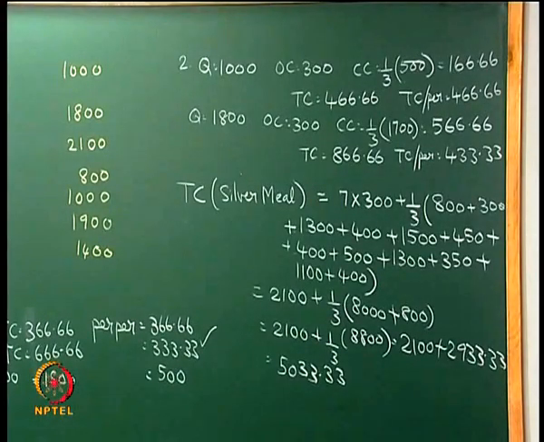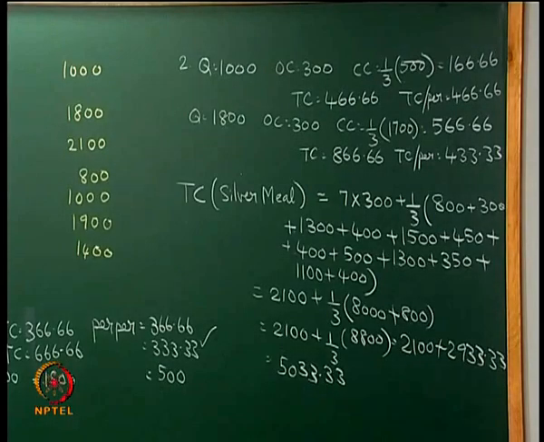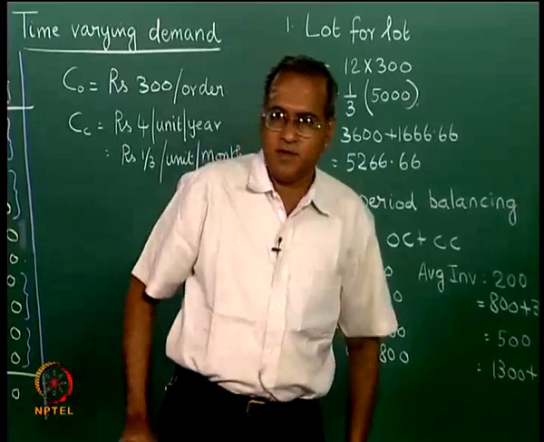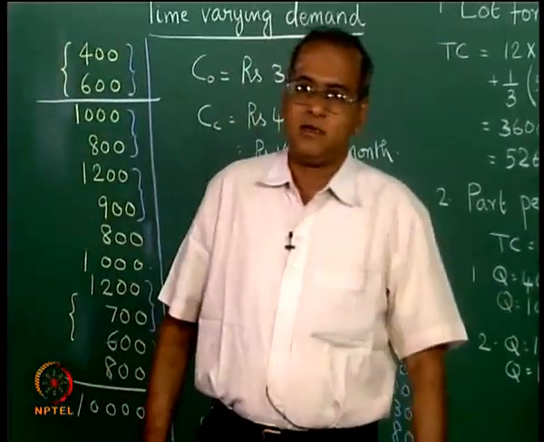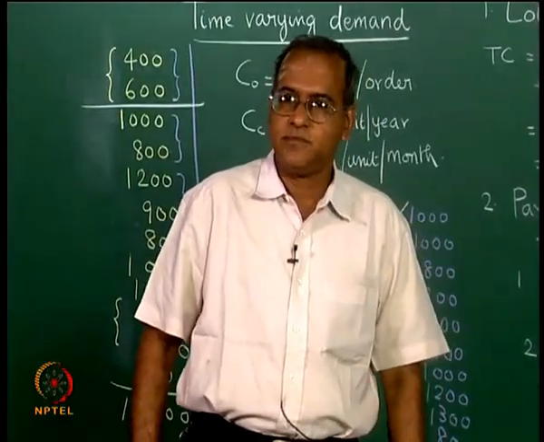For this particular example there is a slight gain when we do Silver Meal compared to when we do part period balancing. In some sense both Silver Meal and part period balancing give solutions which are very close to the optimum. The optimum is 5000.